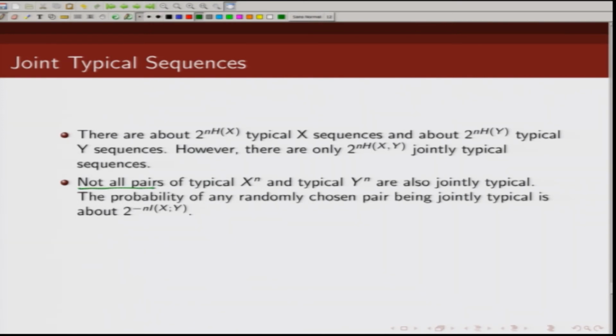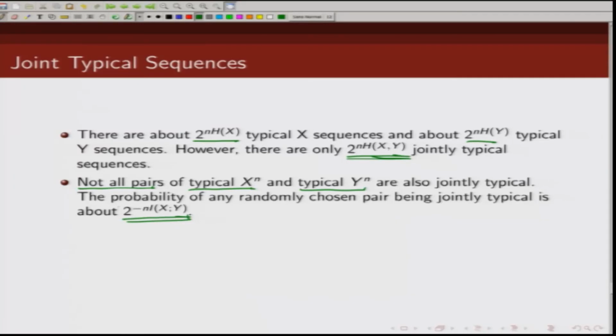Not all pairs of typical x^n and y^n sequences are jointly typical, because we only have so many jointly typical sequences. In fact, this probability is given by this divided by this into this, which comes out to be this. So the probability that a randomly chosen pair of typical x^n and y^n is jointly typical is given by this.